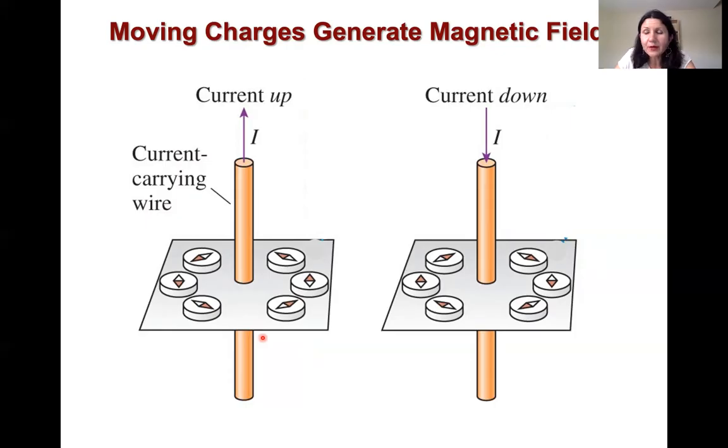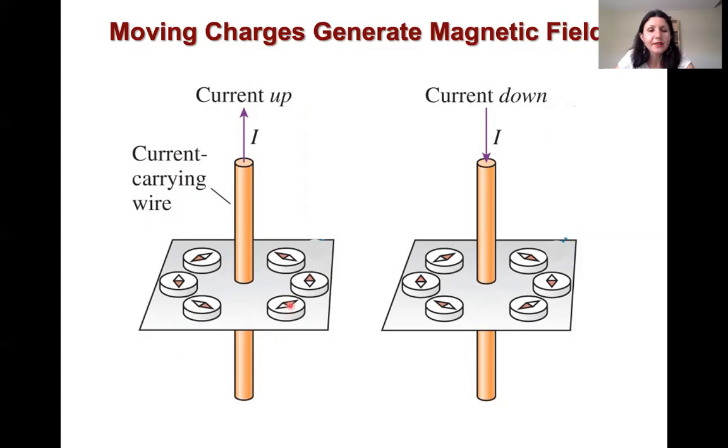We can never get rid of the Earth's magnetic field because we're doing all these experiments on Earth. So if this wire was doing nothing, all these compasses would just line up with the Earth's magnetic field and point north, what we call the geographical north. But they don't behave that way when there's a wire nearby that carries current.